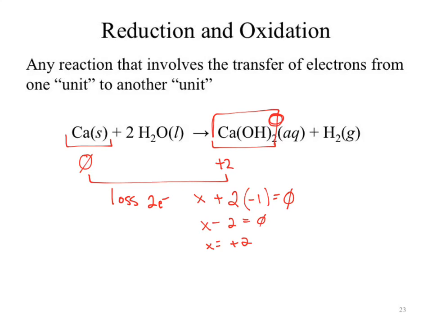What happened to our hydrogen? It started as officially a +1. We'll kind of deal with your charge in a second. And it became 0. How does it go from a +1 to a 0? It gained 1 electron to go from a +1 to a 0.